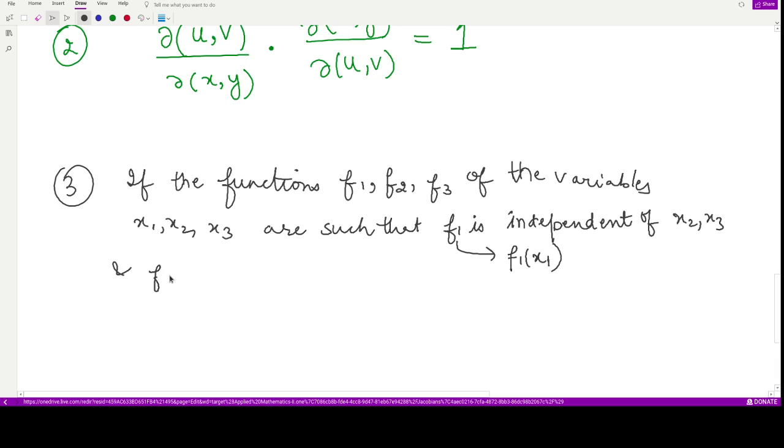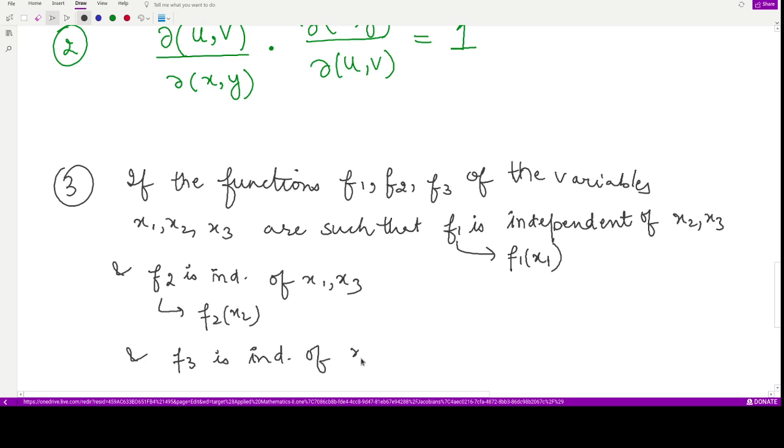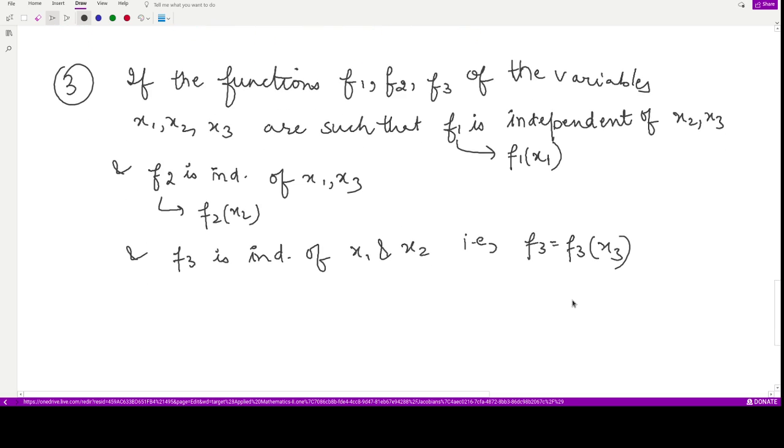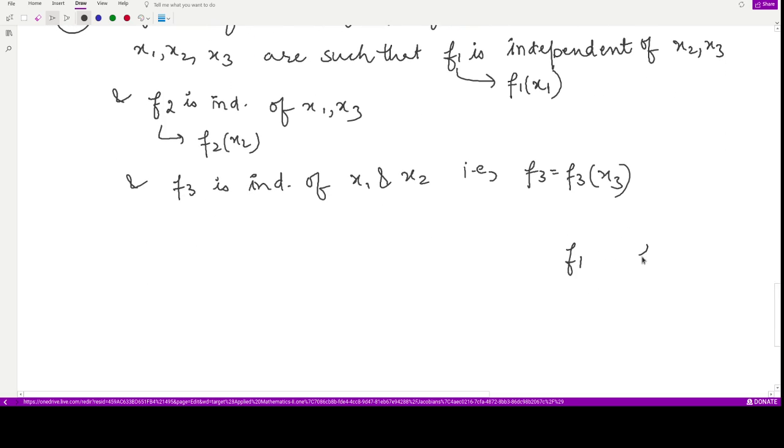And f2 is independent of x1, x3, so f2 is a function of only x2, and f3 is independent of x1 and x2, so f3 is a function of x3 only. So in this case, f1 only depends upon x1, f2 only depends upon x2, and f3 only depends upon x3.